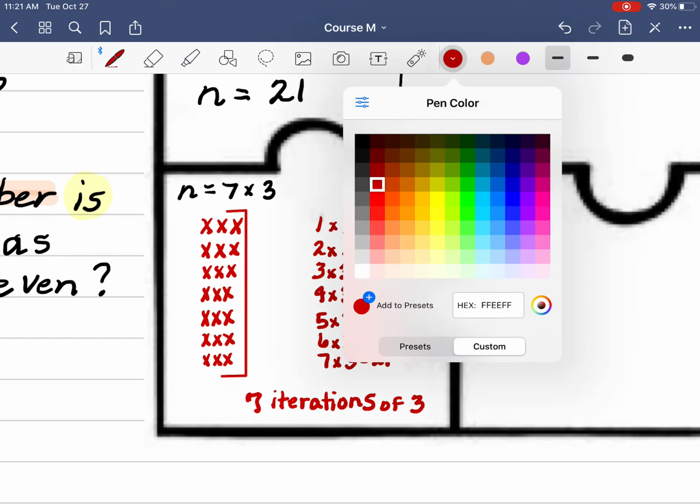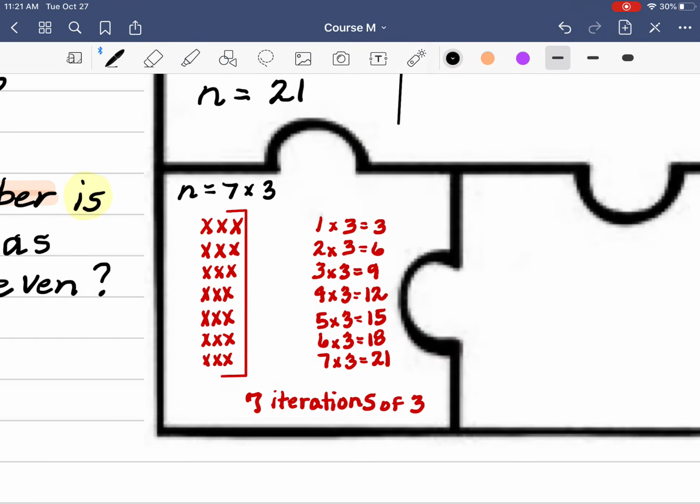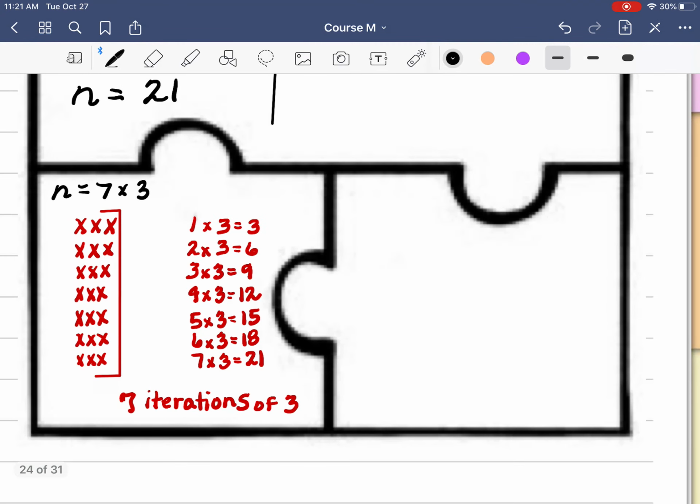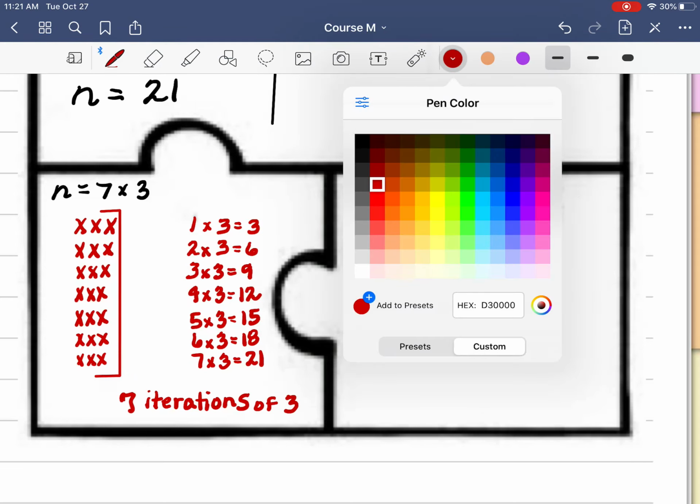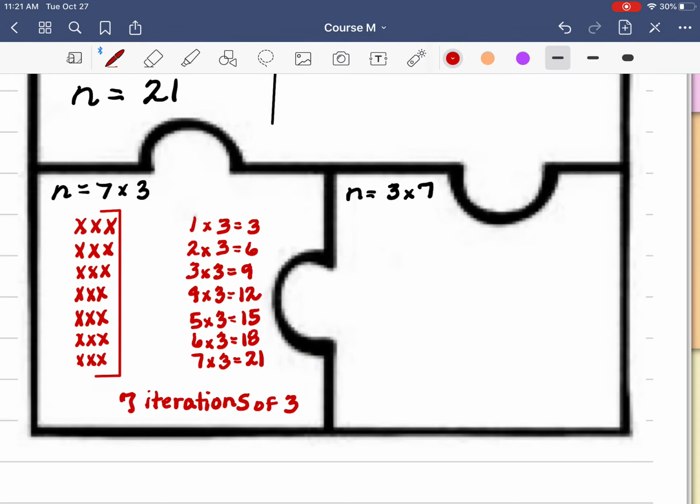Okay, let's look at this equation the other way and see how it differs. So let's turn it around so that we have 3 iterations of 7. And let's take a look at what that looks like graphically. So I'm going to say the first iteration will have 7 pieces.